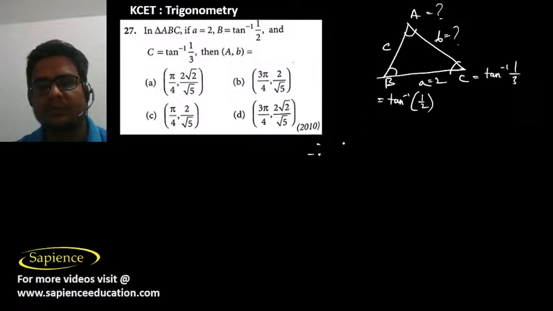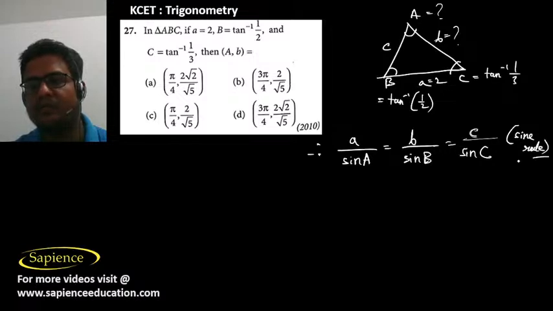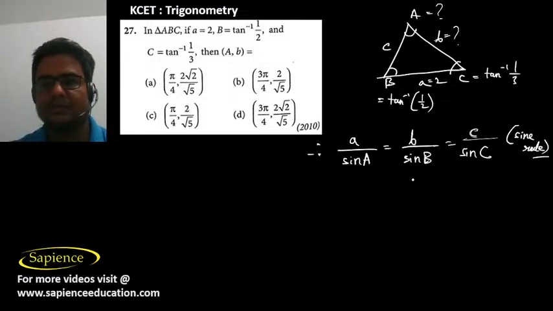So now we know that a by sine A is equal to b by sine B, that is equal to c by sine C. This is called the sine rule for a triangle; we can use this for any triangle.